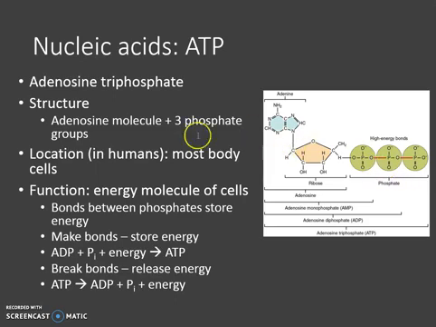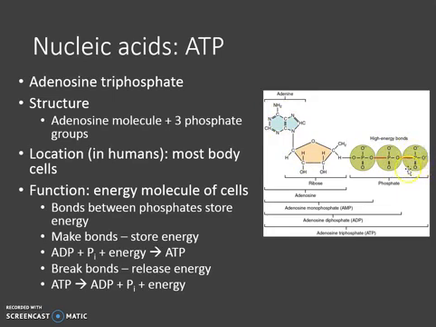So in humans, we find ATP in basically all body cells, with maybe a few exceptions. But each cell primarily makes its own source of ATP. As we mentioned, it's the energy molecule of cells. Those bonds between the phosphates is where the energy is stored. So when we make ATP, we can take ADP, which is just the adenine, ribose, and 2 phosphates, and we can add that third phosphate on there.